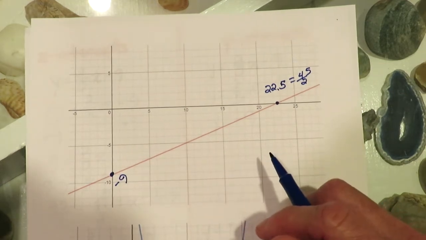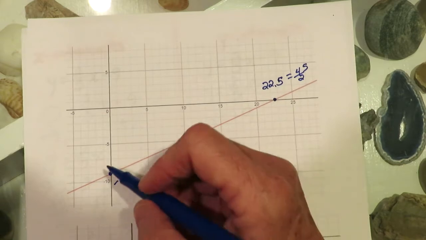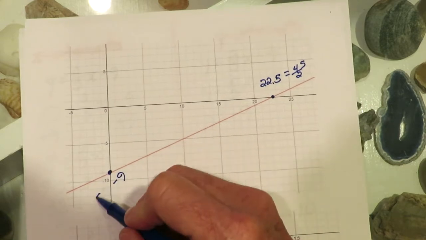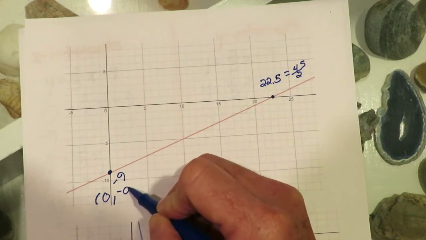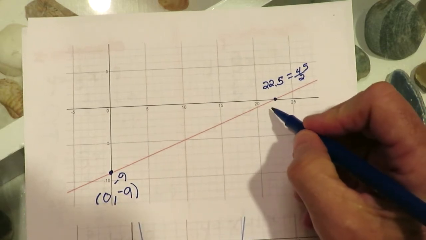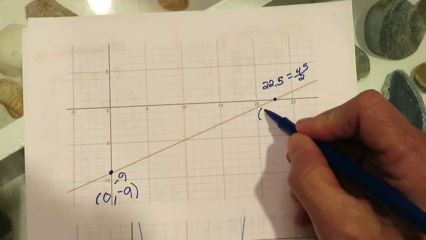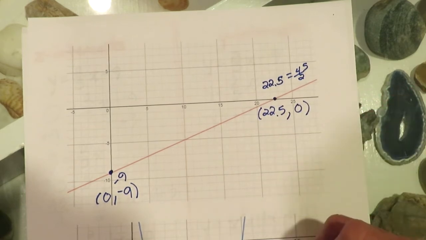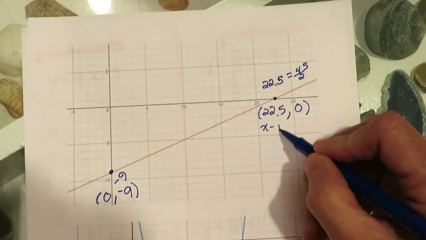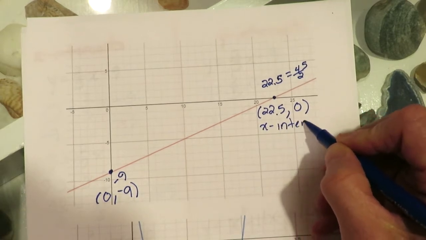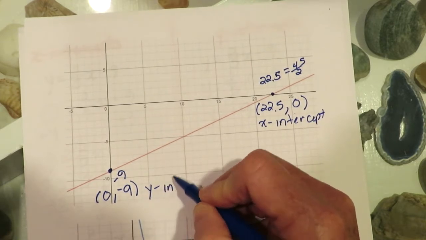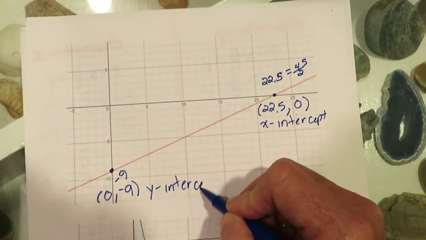Really you're talking about points, and so the y-intercept is the point x 0, y -9, and the x-intercept is the point 22.5 for x, 0 for y. So again, this is your x-intercept, that point, and this is your y-intercept, it is that point.